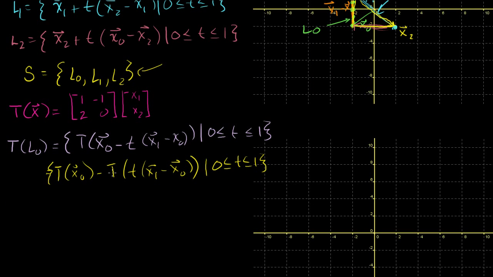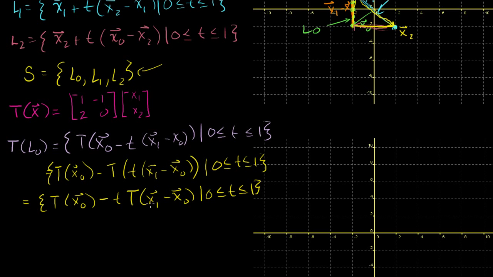If I take the transformation of a scaled-up vector, that's just a scaled-up transformation of that vector. So this is equal to the transformation of x naught minus t, our scalar multiple, times the transformation of the vector x1 minus x naught, such that 0 is less than or equal to t is less than or equal to 1.